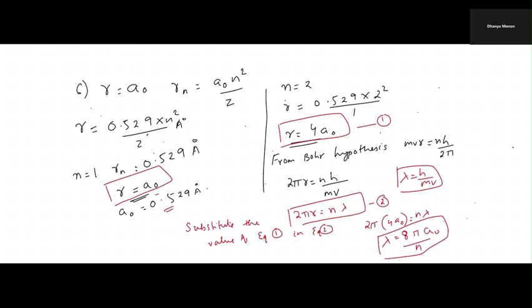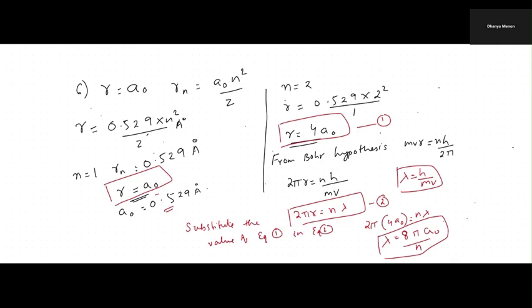The same thing we apply for the second orbit of hydrogen, and we find out the radius.